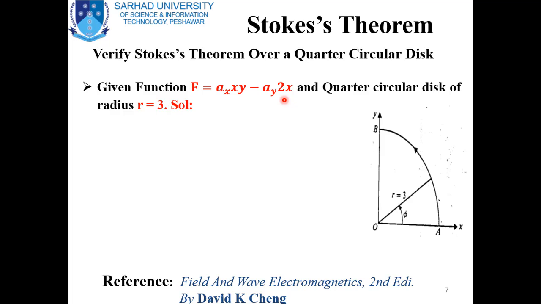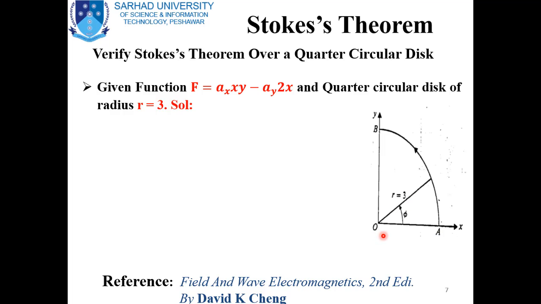The given function is in the Cartesian coordinate, and the radius of the quarter circular disk is 3, and from the figure it is clear that the circular disk lies in the xy plane, and we have to verify the Stokes theorem for these points A, B and O.